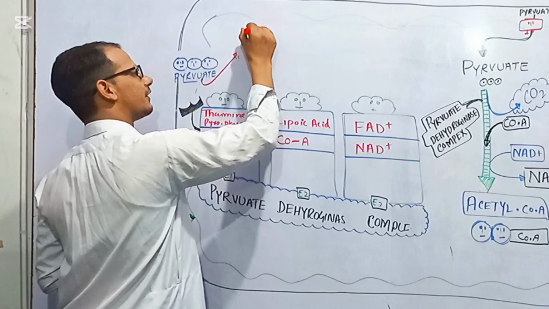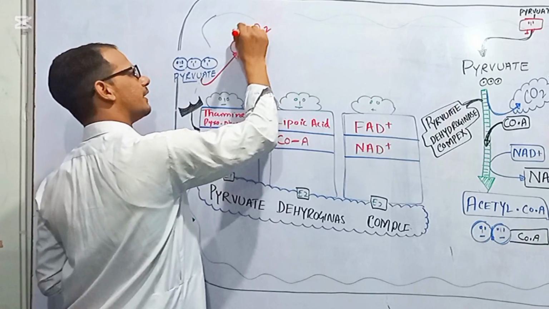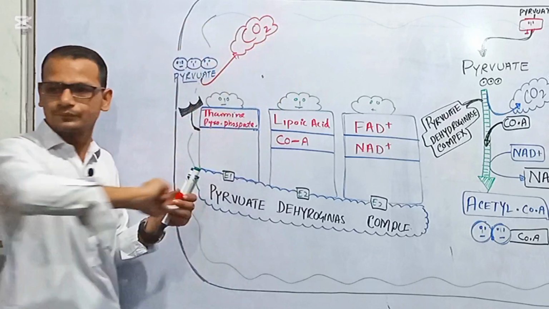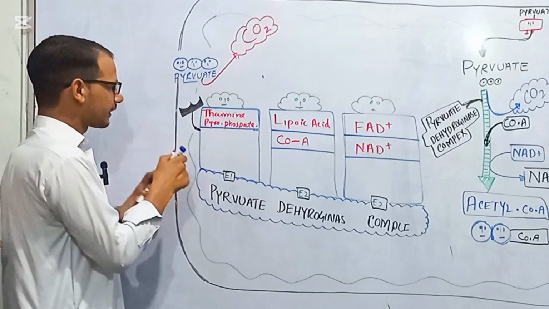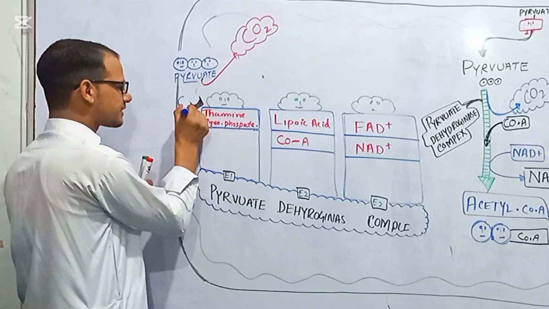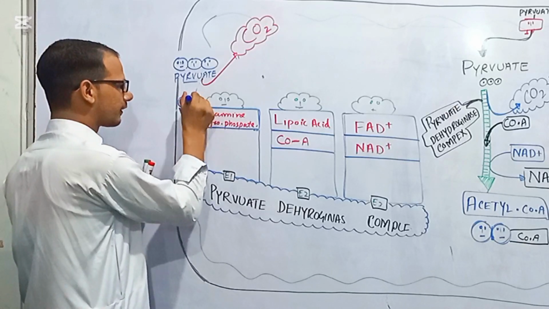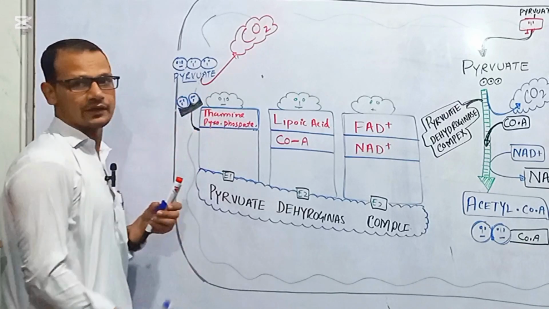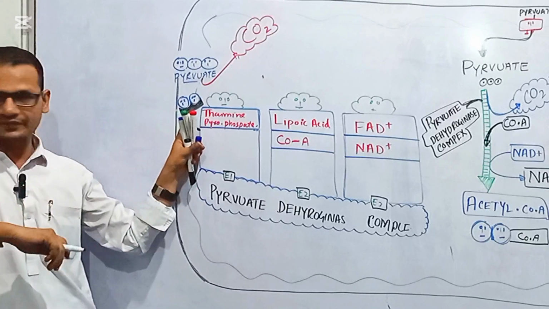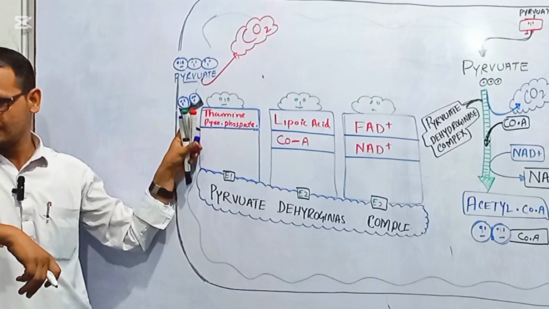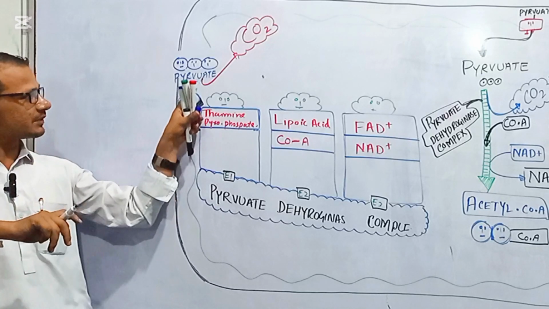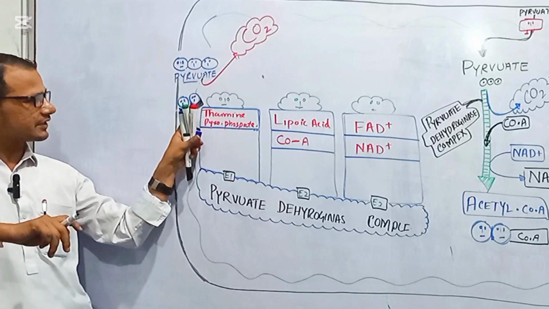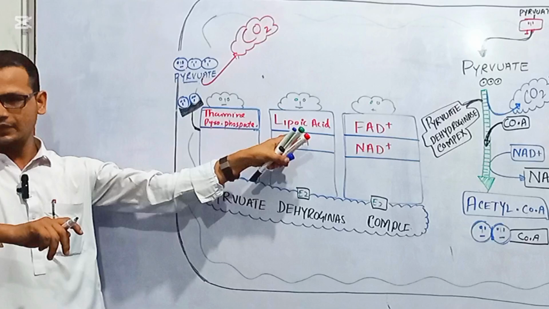So net 1 carbon dioxide is released here, right? And only 2 carbons are remaining here, which attach to this site. What actually is this site? This is thiamine pyrophosphate, which is responsible for taking this acetate from here into here.